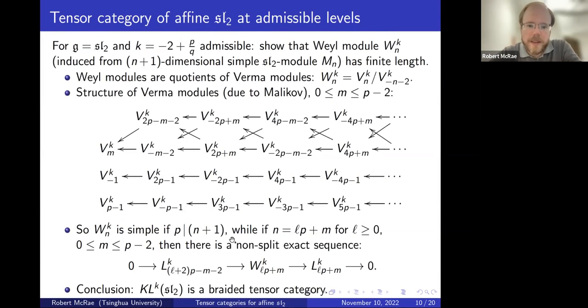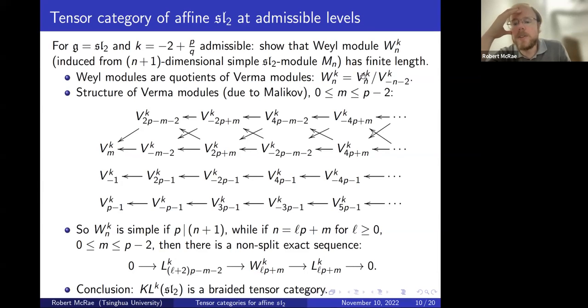So here's how we do this for Weyl modules. We need to show they have finite length. We do that by observing that the Weyl modules are quotients of Verma modules. So I use VKN. This is a Verma module for affine SL2. Actually, it's a Weyl module for affine SL2, but you get it by inducing a Verma SL2 module.